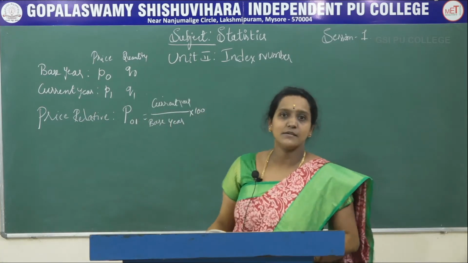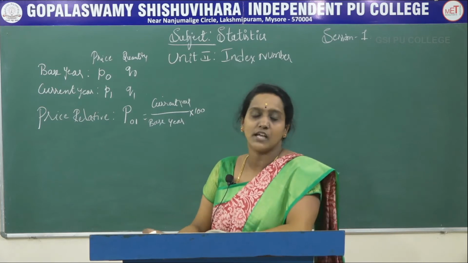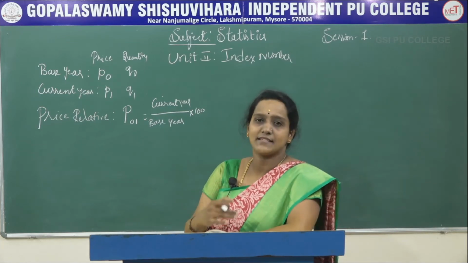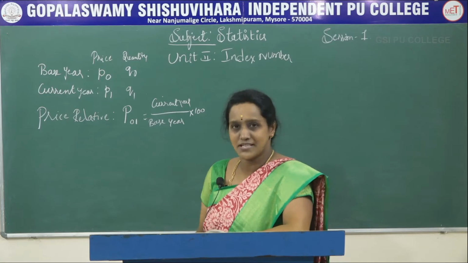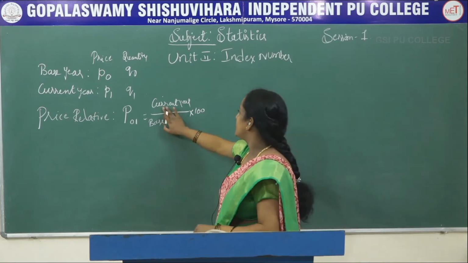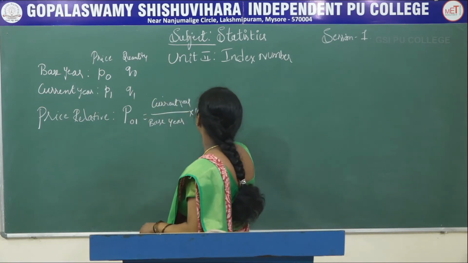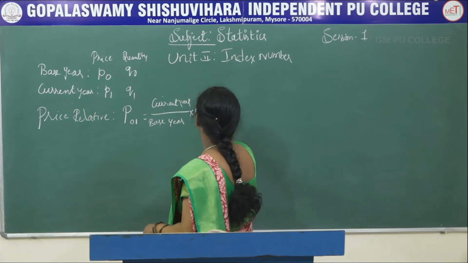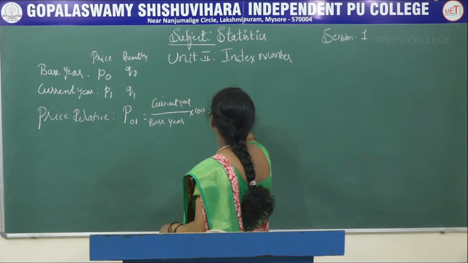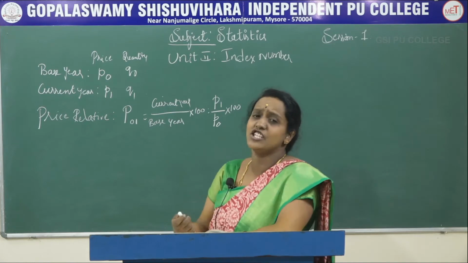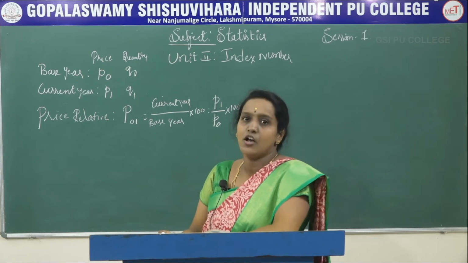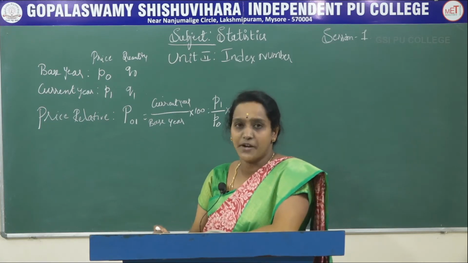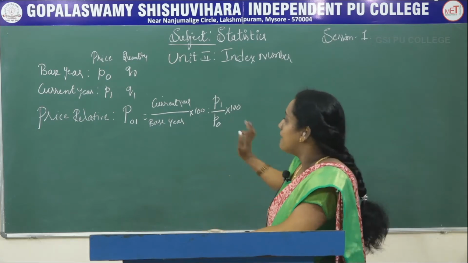Here in index number we will take only the percentage to compare the last year and the next year or the present year. Here current year means the price of current year, and base year is last year's, or whichever year we consider as a base for our next prediction, that year we call the base year.